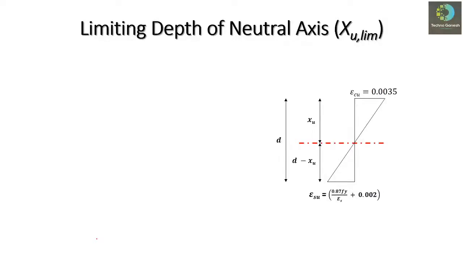As we know, in the strain diagram, as per the assumptions made for the limit state of collapse in flexure, the maximum strain in extreme compression concrete is 0.0035 and the ultimate strain in steel is 0.87 fy upon Es plus 0.002, and this strain varies linearly.